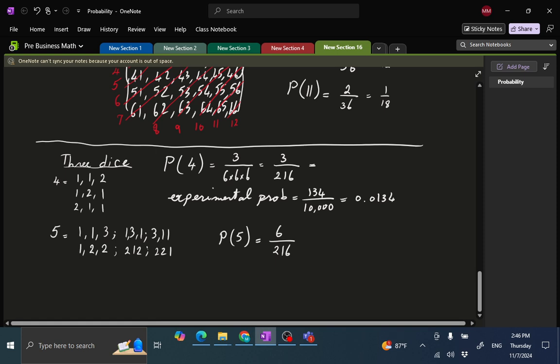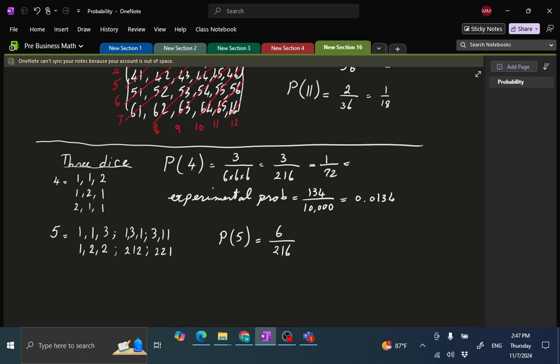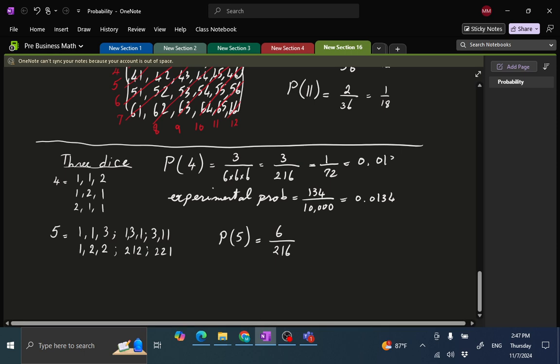3 over 216, which is 1 over, of course, what is that, 72, and then 1 over 72, I can do it here on the calculator, 1 over 72, and I get 0.01388, etc. It goes like that.